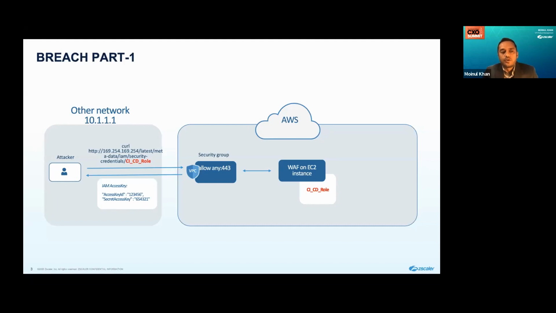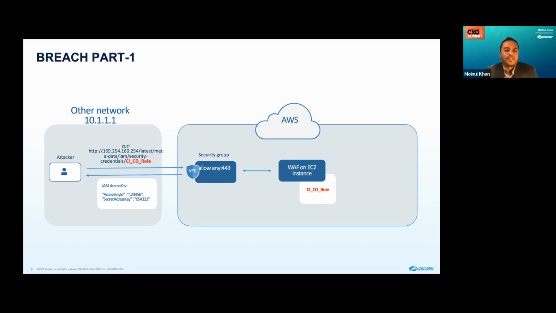When you deploy your workload in AWS, they have something called security groups. Security groups are nothing but firewall policies. The firewall policy says who can come in and who can go out. Simple. The second thing is, if you are using a WAF to protect your public-facing application, there is an HTTP request called IMDS.